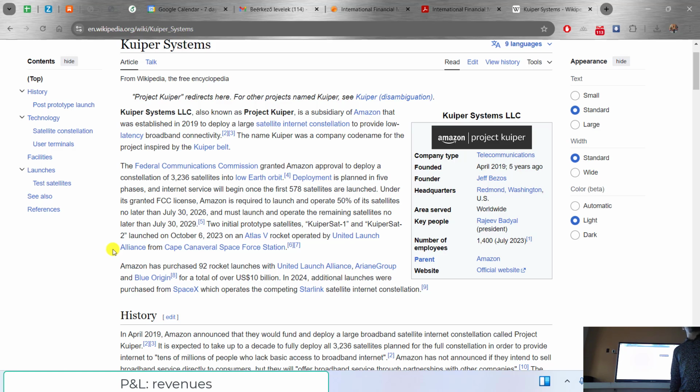So in this case the cell phone tower is far away compared to the current land-based one, which is maybe in the next year. So Kuiper Systems was created, and they want to deploy a constellation of 3,000 satellites in orbit.